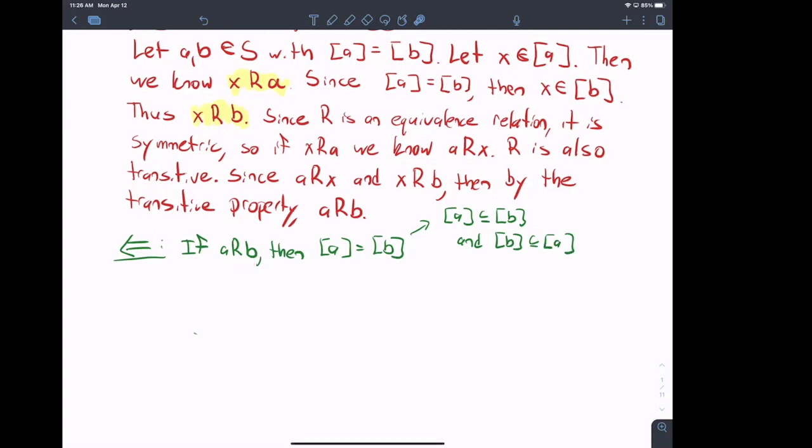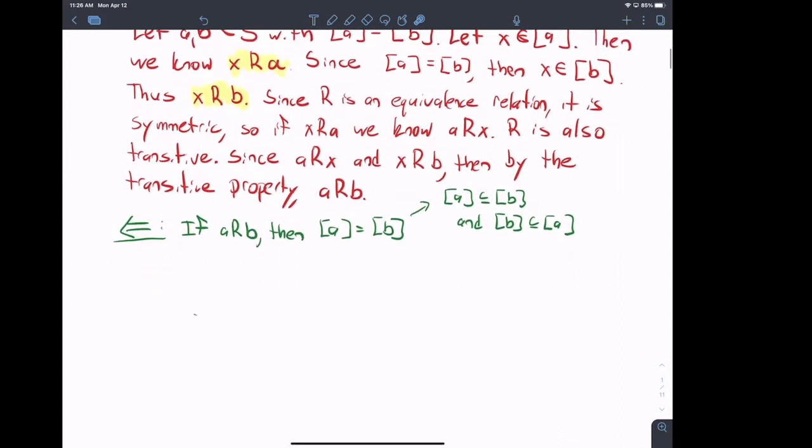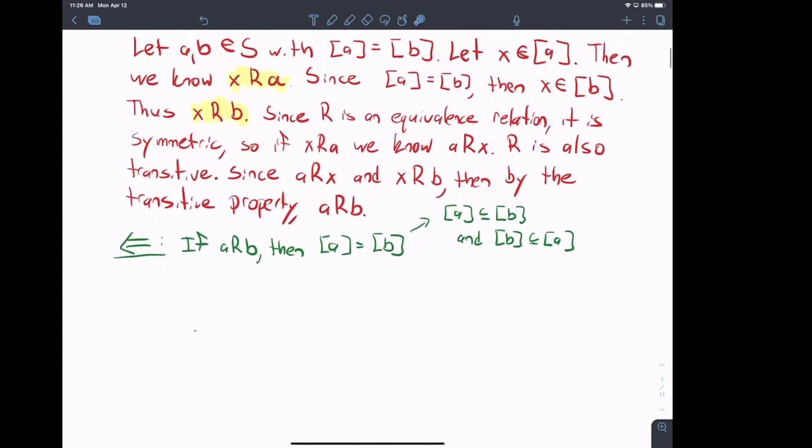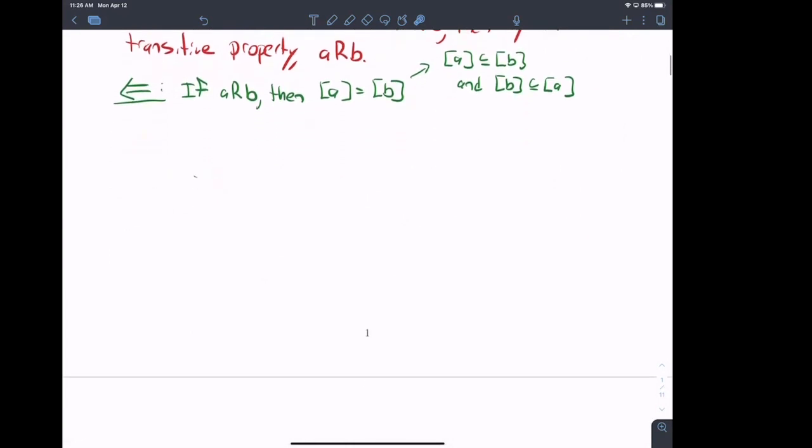So there should be some transitive property stuff going on around here, I would suspect as well. And that's why we see that these properties are quite useful, why we're interested in these three specific properties, reflexive, symmetric, and transitive. These are the properties that we need in these proofs. Okay, so in this direction, we're also going to do this directly.